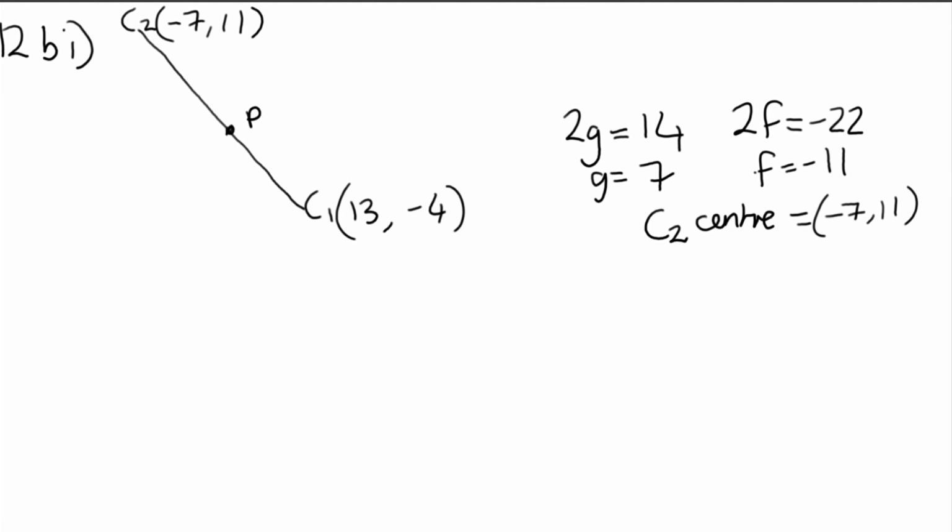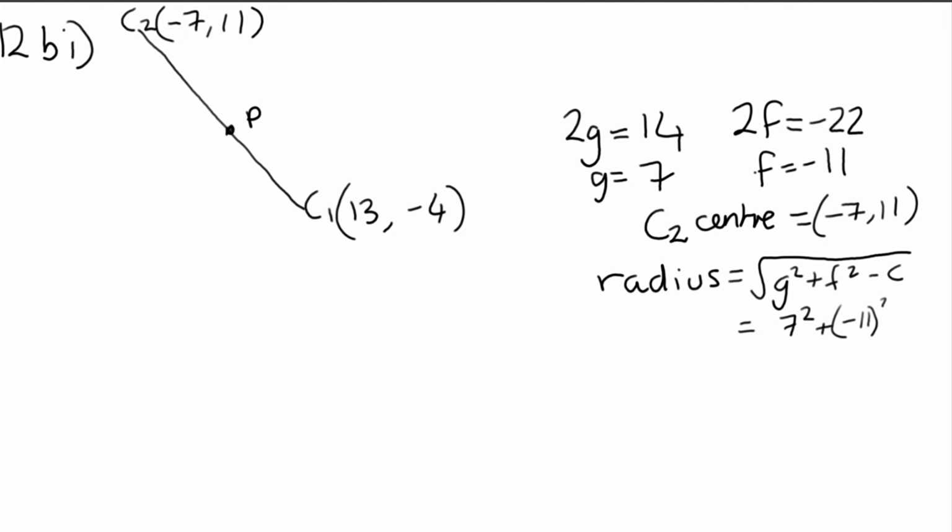We also want to find the radius. The radius of the large circle will be the distance from C1 to C2. So you could actually use a distance formula since you know both of those, but I'll just use the formula, which is g squared plus f squared minus c, which is 7 squared plus negative 11 all squared plus 455.